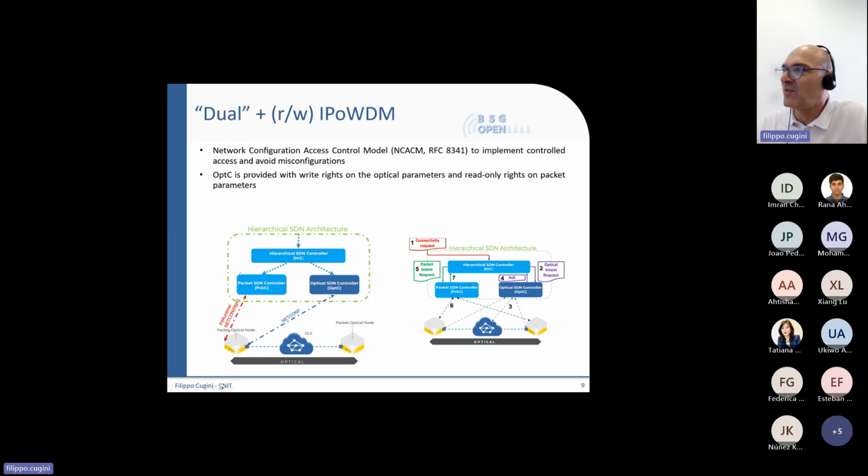Actually, some of the operators and some of the vendors prefer to have the dual option. For example, the dual option is liked by the vendors of the optical system, so that they are able to have full control of their optical system.